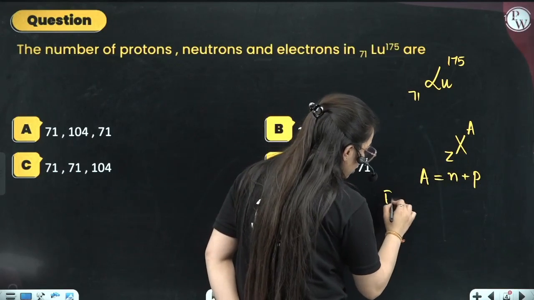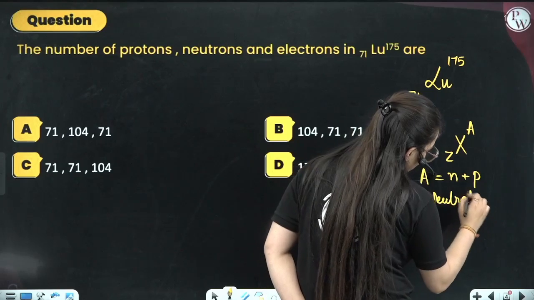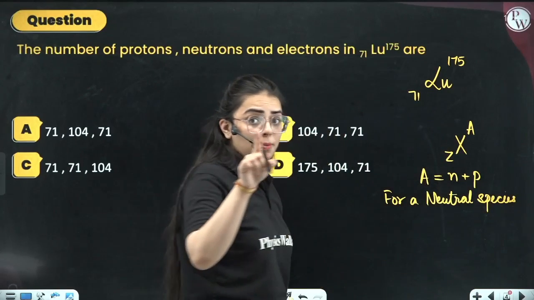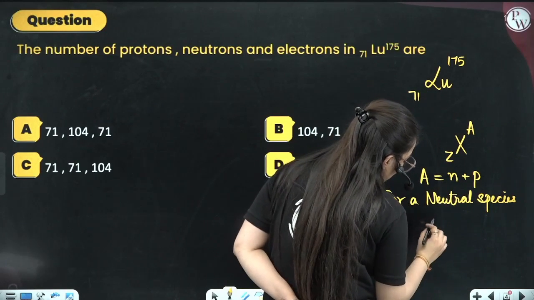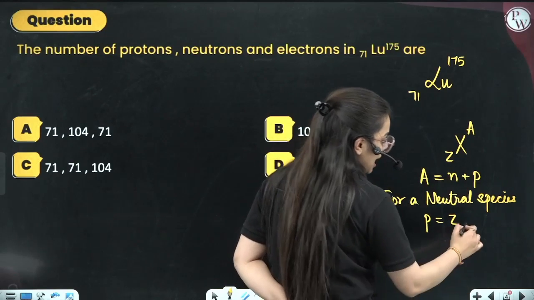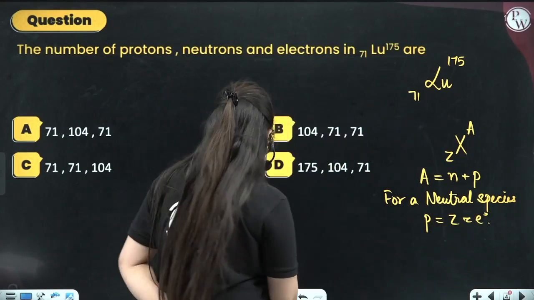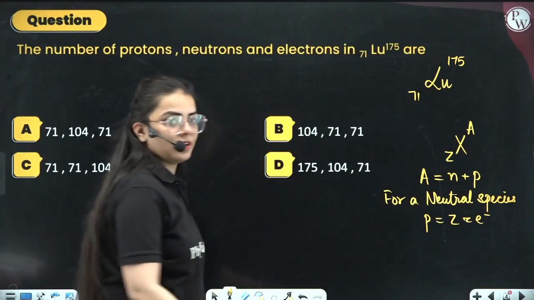And if I talk about a neutral species, number of protons is equivalent to Z, that is atomic number, and is equivalent to number of electrons for a neutral species, right? When there is no charge provided.